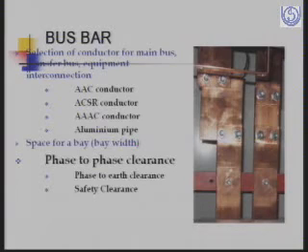Then the space for a bay will depend on the phase-to-phase clearance and the safety clearances required in the substation. And you can see a photograph of a bus bar in the slide.